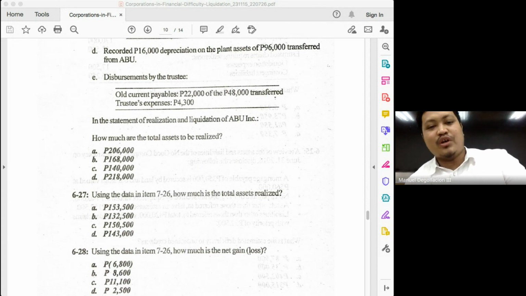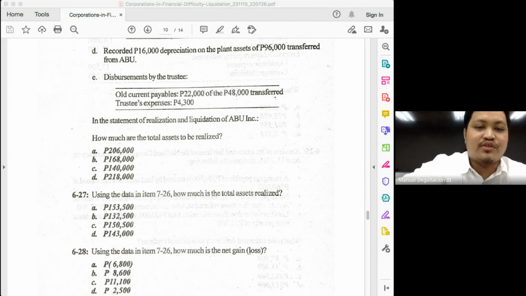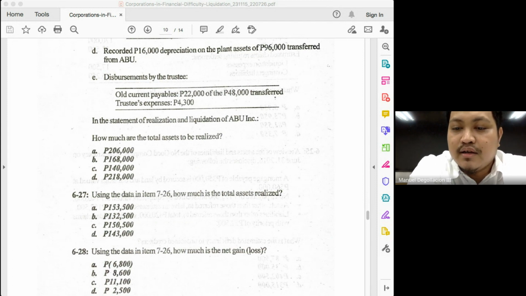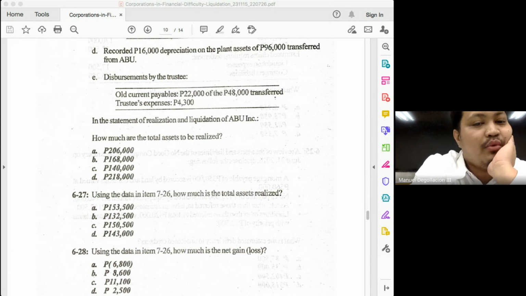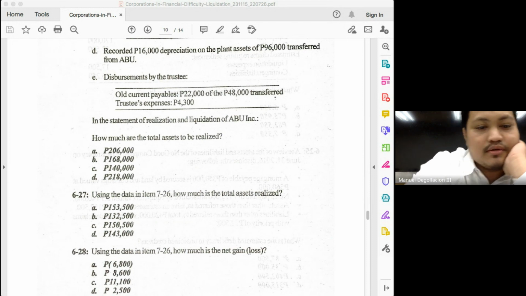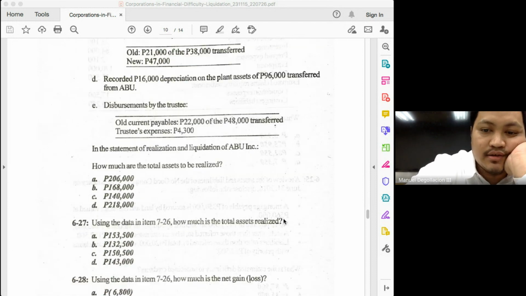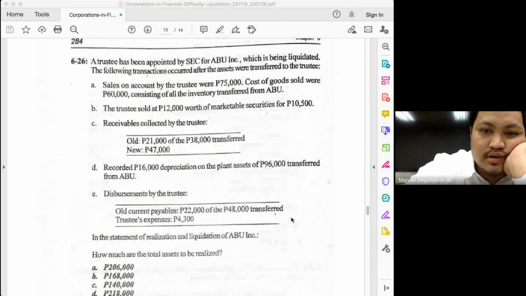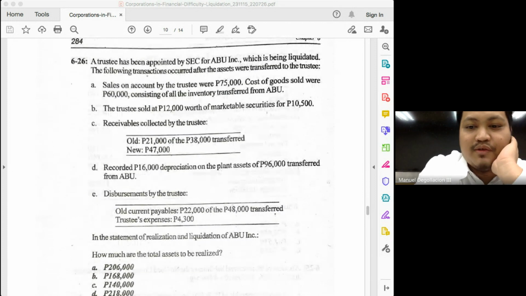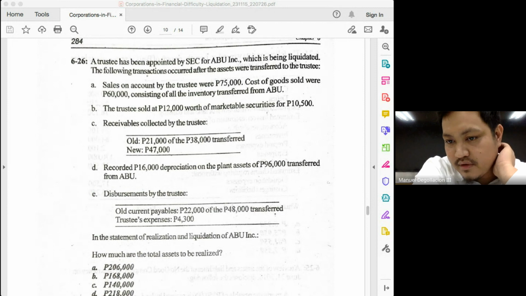Okay. Next question is how much is the net gain or loss during the liquidation process? So basically, we will just have to sum up everything, class. What transactions resulted in a gain? We have the inventory. There will be a gain of 15,000.